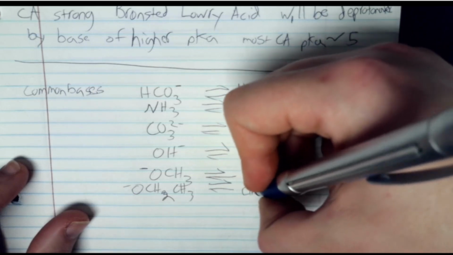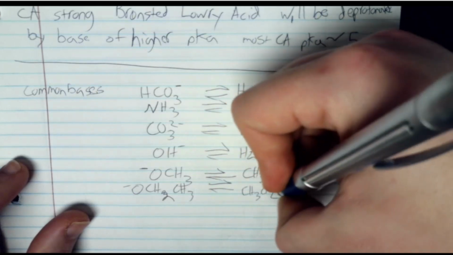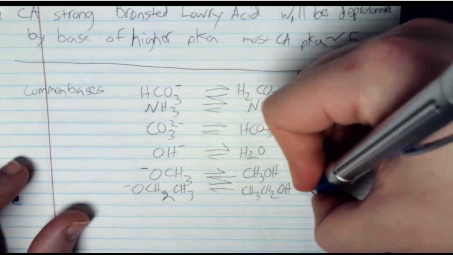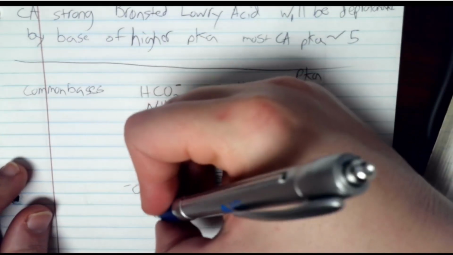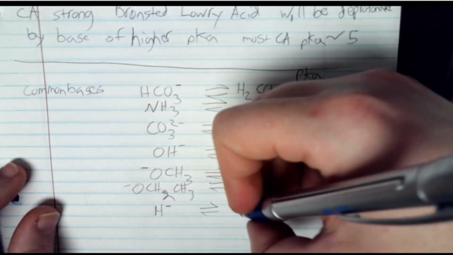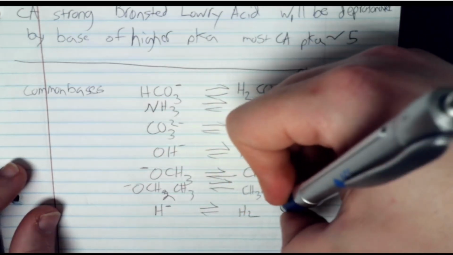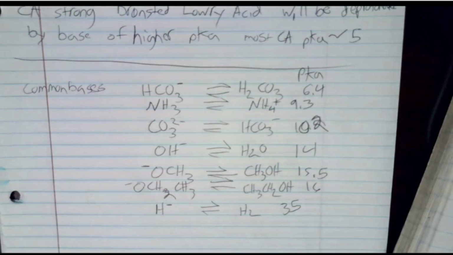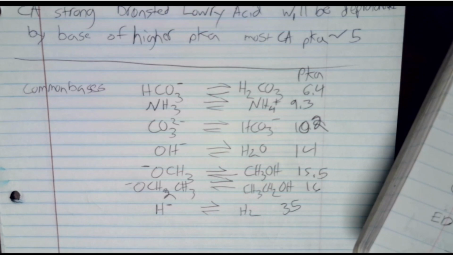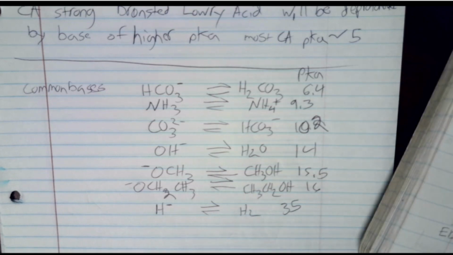Ethanol is at 16. And a really strong base, hydride, which when it deprotonates forms H2, has a pKa of 35. We've also looked at things like the methyl carbanion, which has a pKa of like 50. So there's lots of things that will deprotonate this.